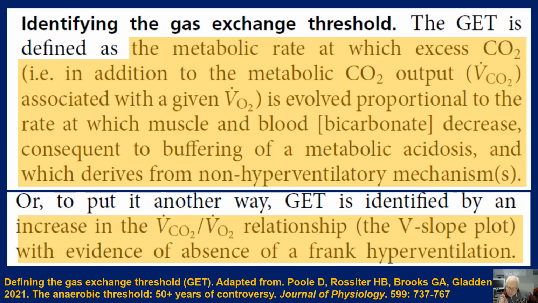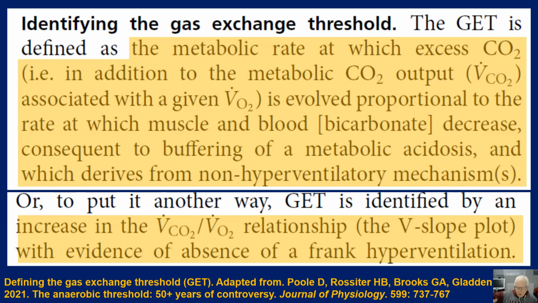What the paper here is alluding to is that we may get a point where there's an increase in the VCO2-VO2 relationship. In other words, we get an increase in VCO2 which is disproportionate to the increase in VO2. In other words, VO2 goes up linearly to exercise intensity, and to all intents and purposes, so does CO2.